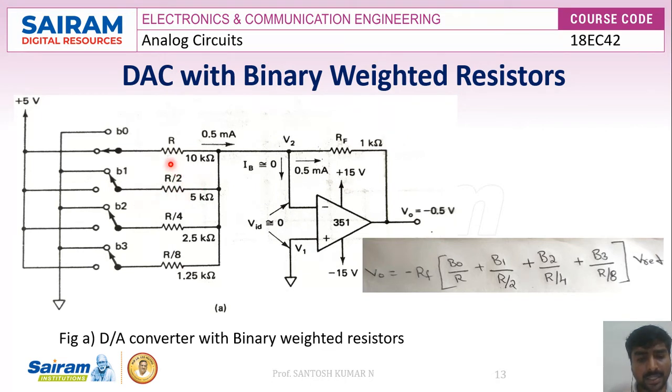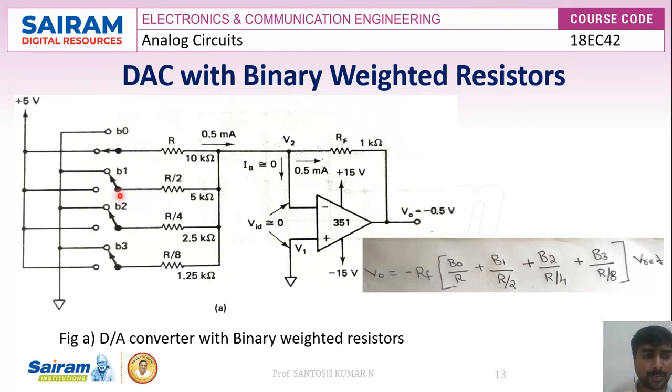That is, the current gets doubled. So this 1 milliamp will flow over here. Since, as I told, the input resistance of the op amp is huge, no current flows into it, so the entire 1 milliamp will flow through this particular feedback resistance, and the output voltage will be minus 1 volt when switch B1 is closed.